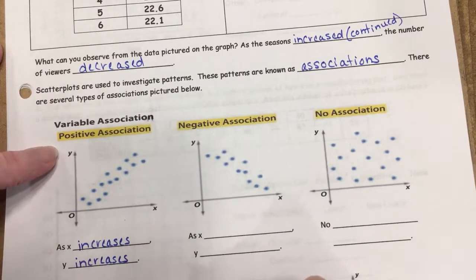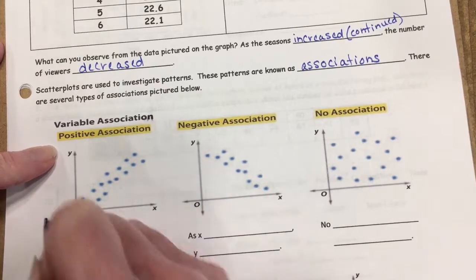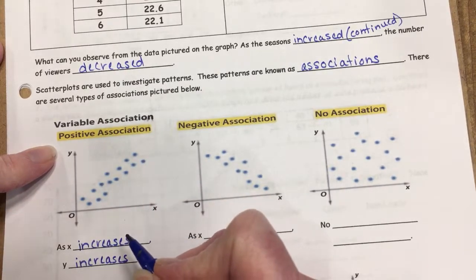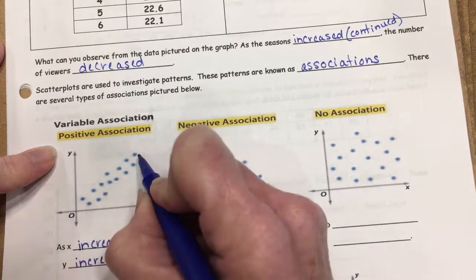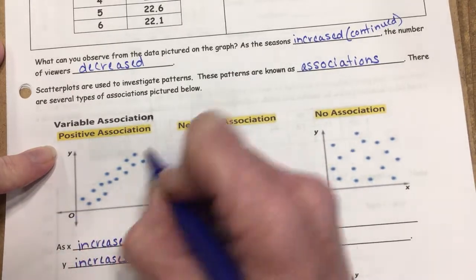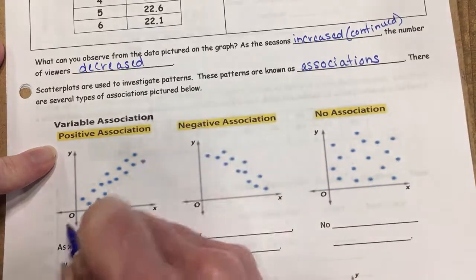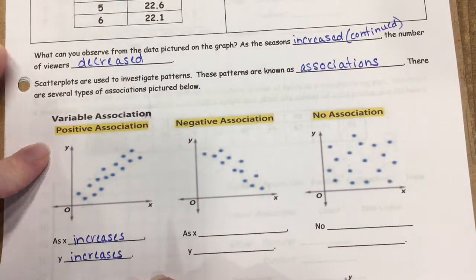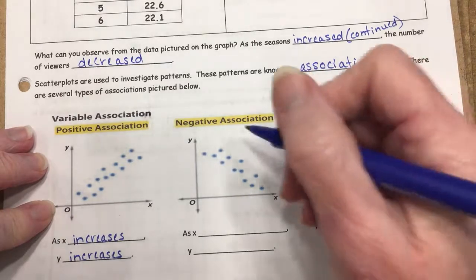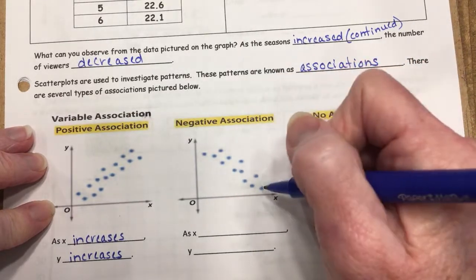This is known as a positive association. As this one gets bigger, so does this one. Remember slope. If we drew a line through these points, which we're going to do later, would it have a positive slope? Yes, it would, because it's going up and to the right. Same thing with the scatter plot. This right here is an example of a negative association.